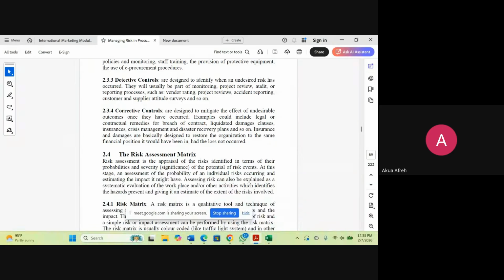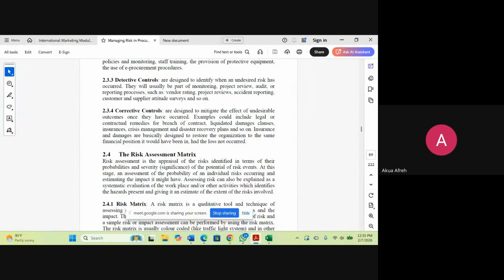So we do internal control, internal audit, where the auditors will come and find out what is going on within your organization. Then accident reports. The accident has happened already, but we still need to report on it. Then maybe in the future, it will guide us. These controls do not prevent the risk or the incident from occurring. They only detect it.